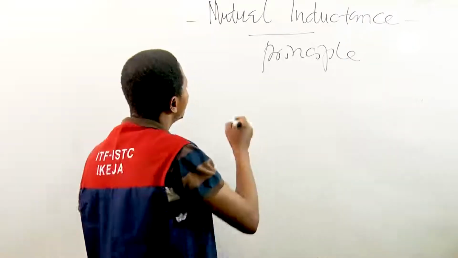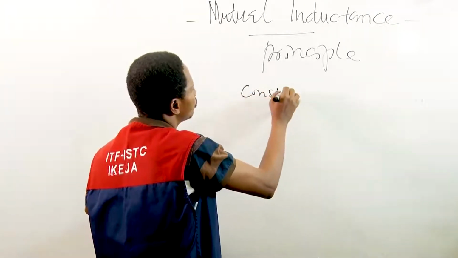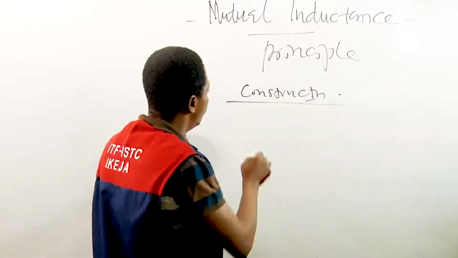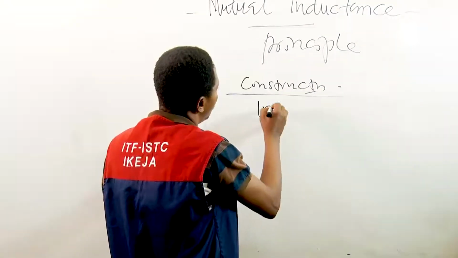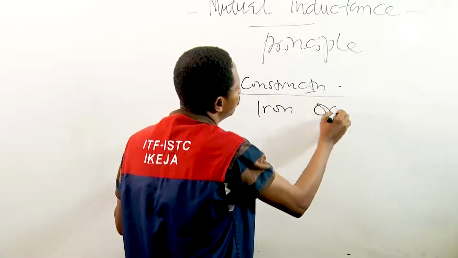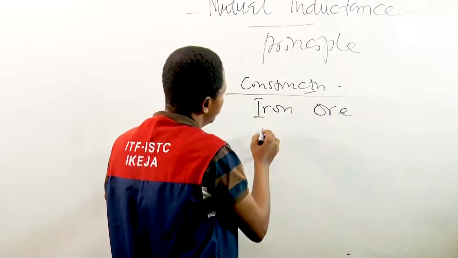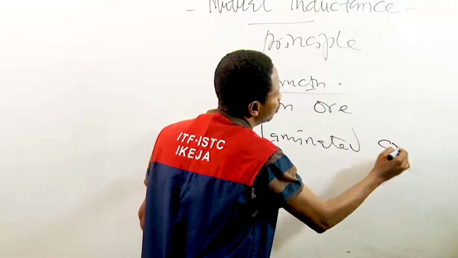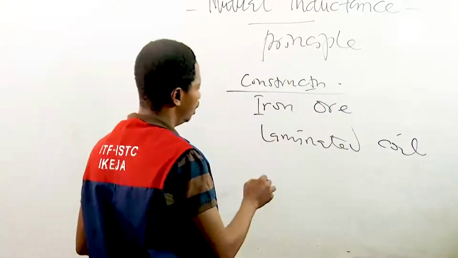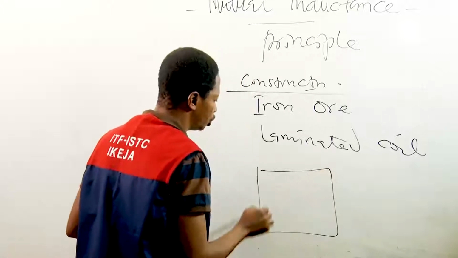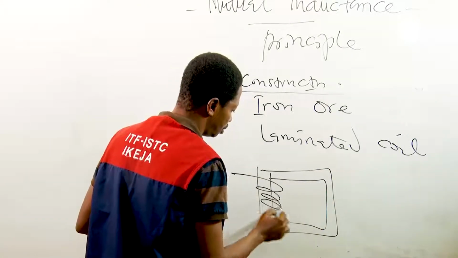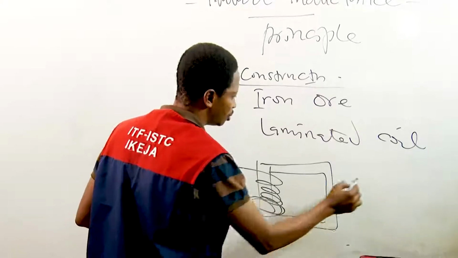Then the construction. We have the iron core and the laminated coil. Then special arrangement is made on it, its number of turns.